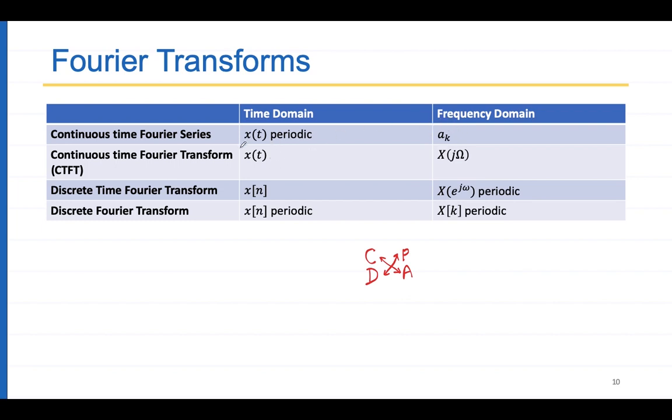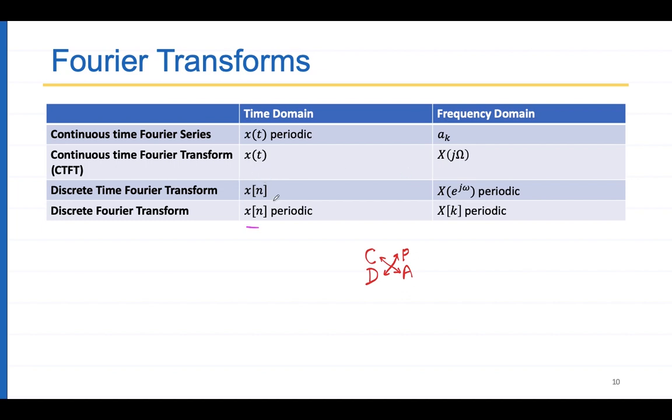Then we saw a non-periodic x(t), and we transform it into X(j omega), and we see that this is a useful transformation. Now we want to extend the same idea to discrete time signals. If I have an x[n] which is periodic, and I apply a similar Fourier transform to x[n], I get X[k], which is again periodic.